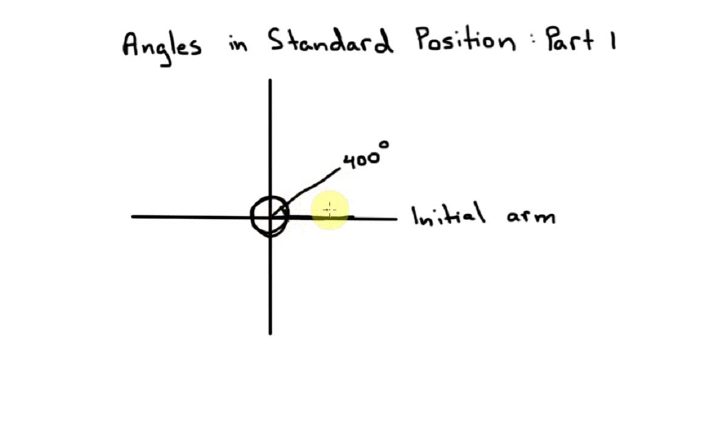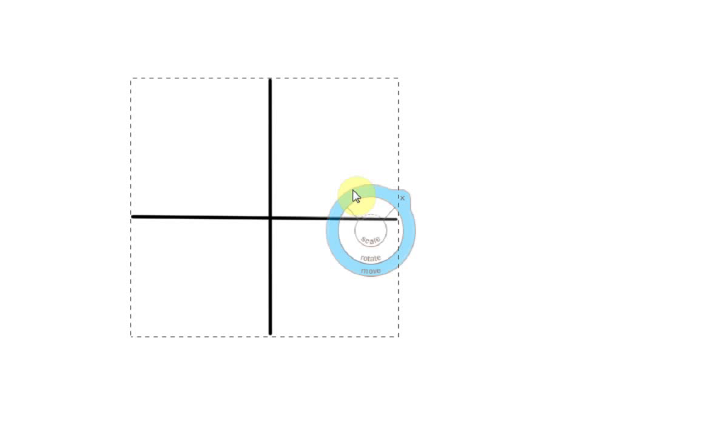Now what I've been doing so far is going in this direction, and these have been positive angles. It is also possible to draw negative angles. Let's pull up the grid. The initial arm always starts here.